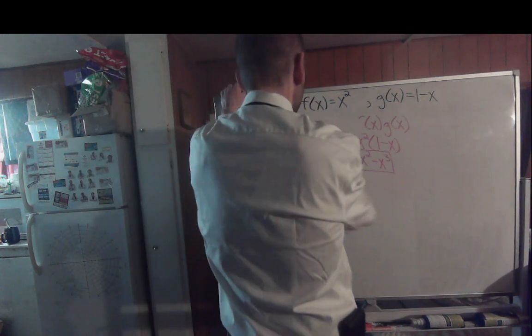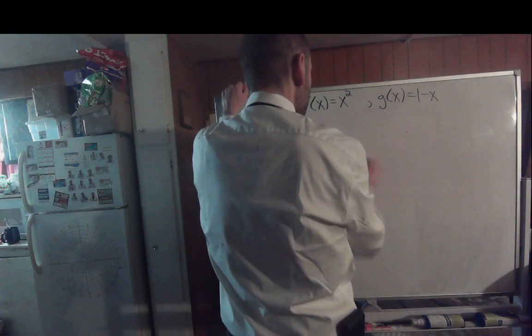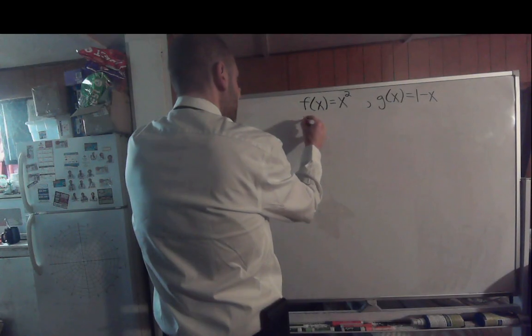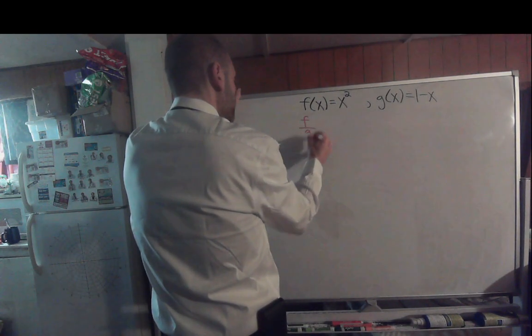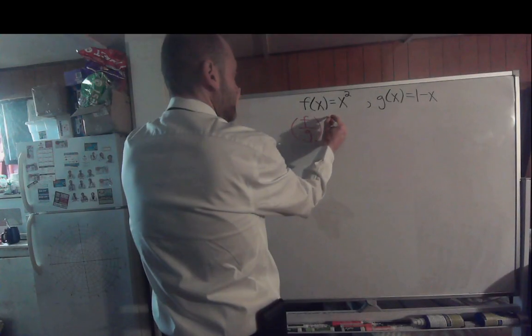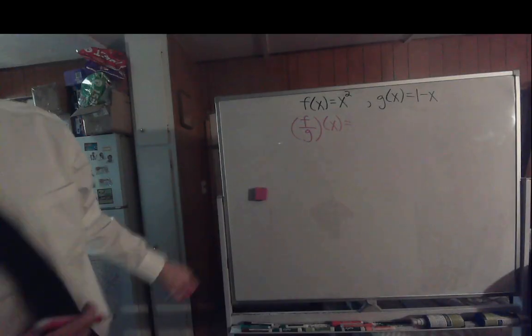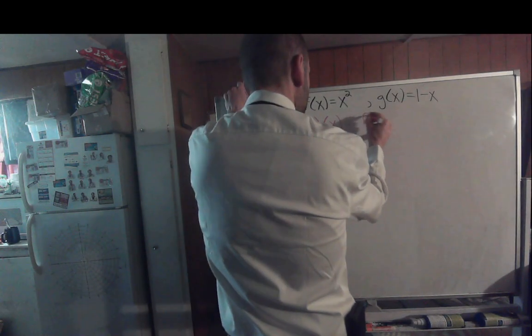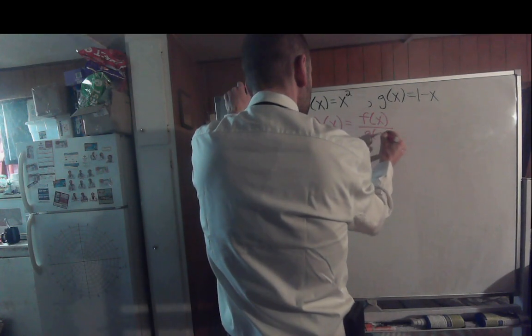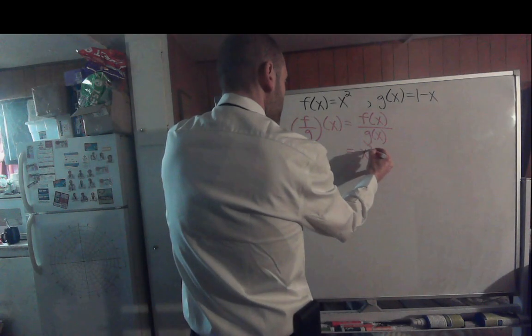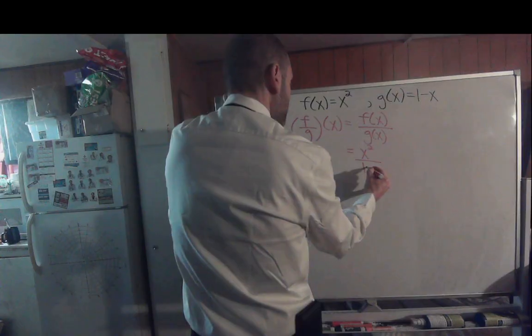And of course, we are going to do f divided by g of x. Well, that would end up giving you, of course, f of x over g of x, which would end up being x squared divided by 1 minus x.